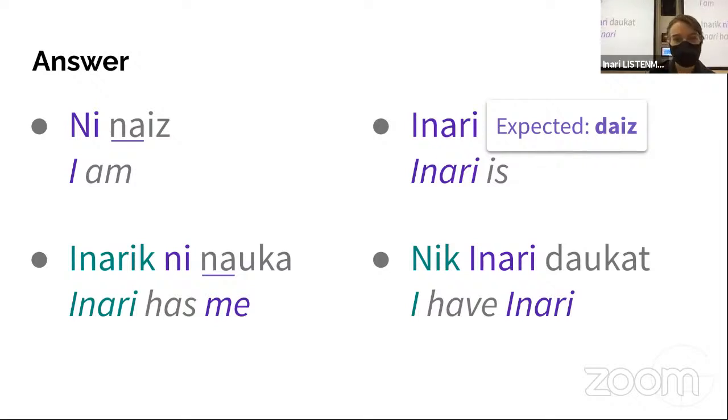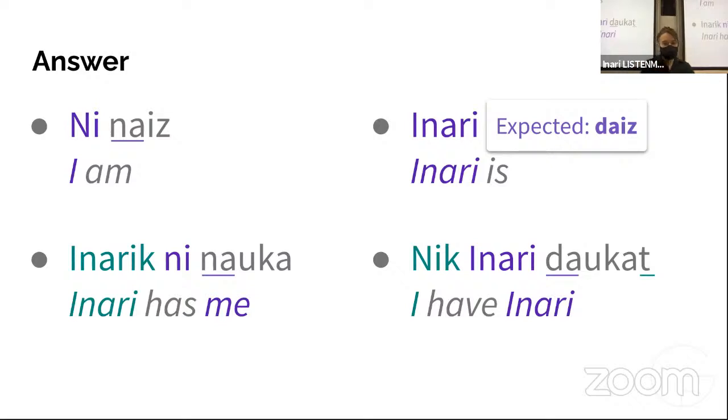And then from this we have the transitive Inari daukat. Remember the genre: this is a very selected puzzle given to you, not wild data, so you can assume that it's behaving nicely.